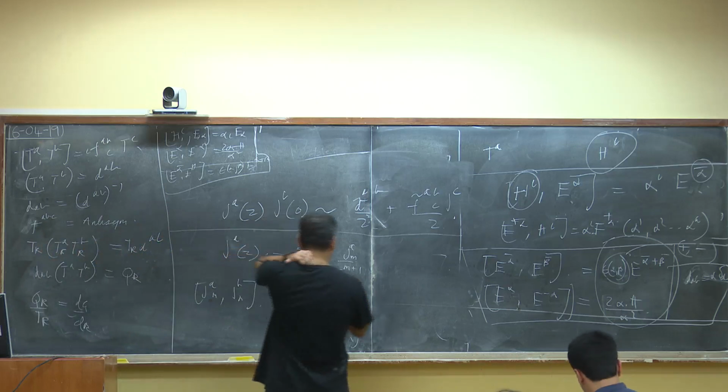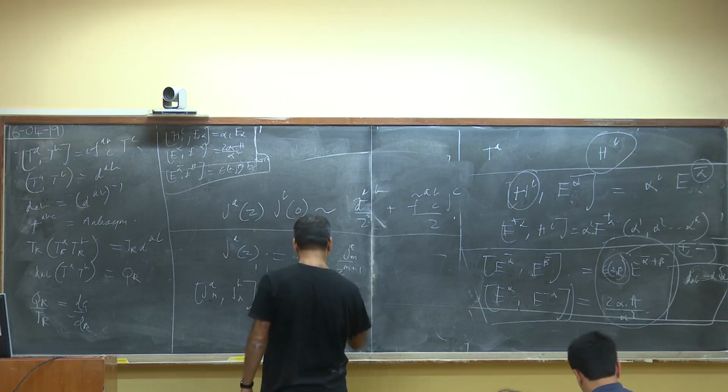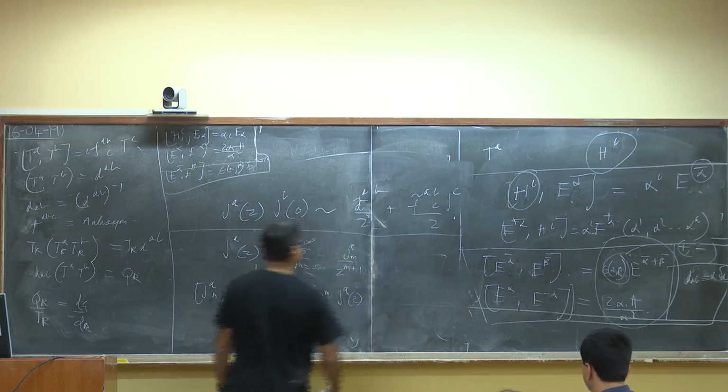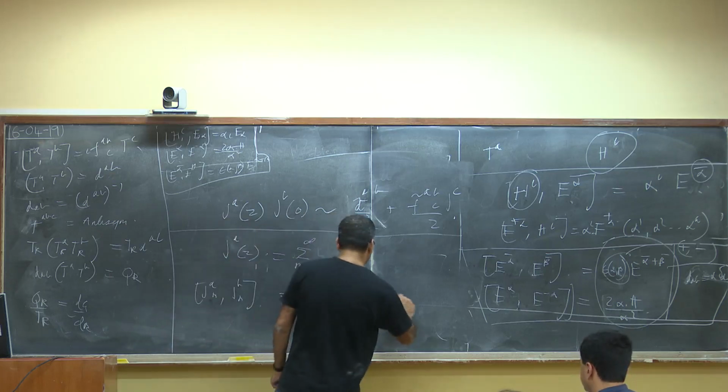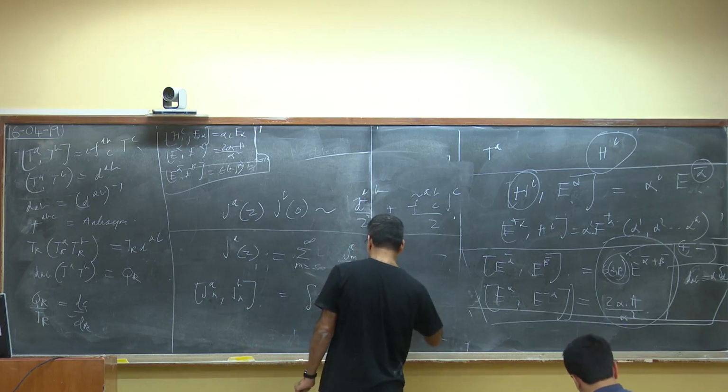contour integrals. So this is z to the power m J^A(z) and w to the power n J^B(w).